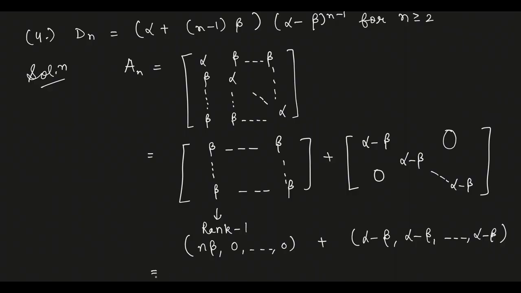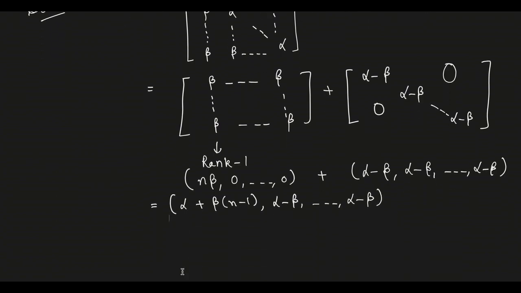So their sum will be beta plus alpha minus beta, beta plus n minus 1 beta. Dn denotes the determinant, the product of all the eigenvalues.